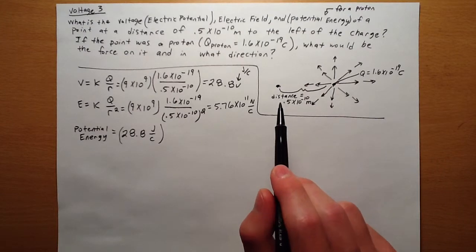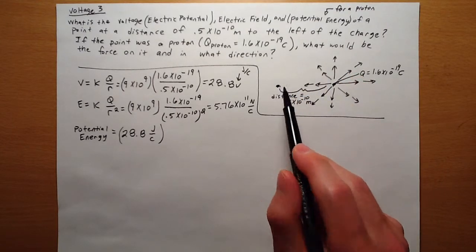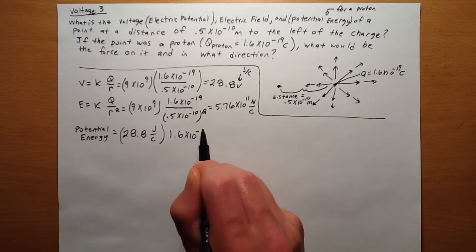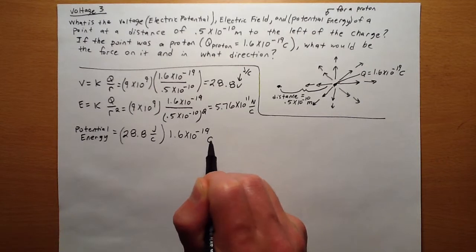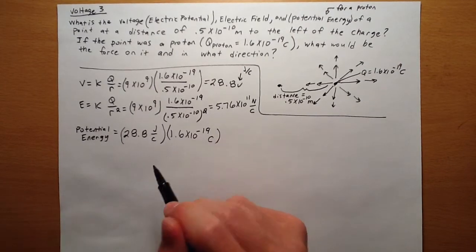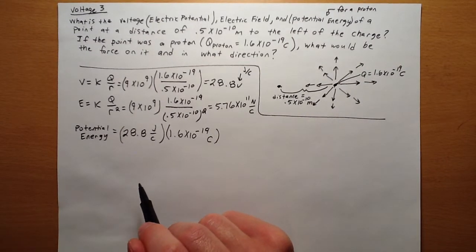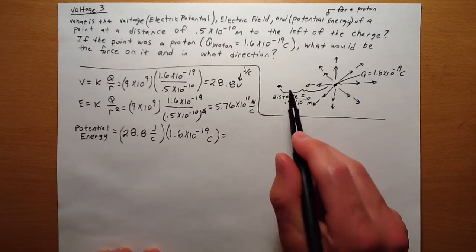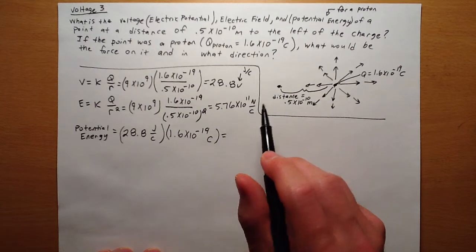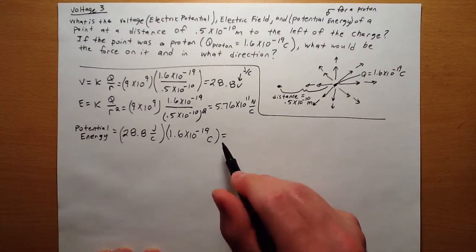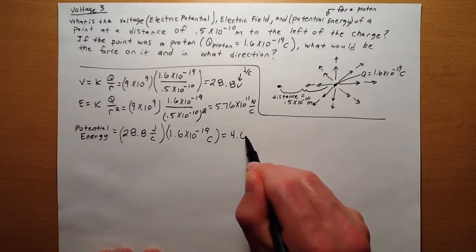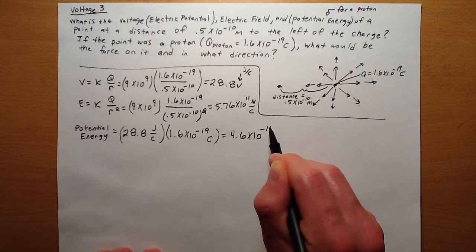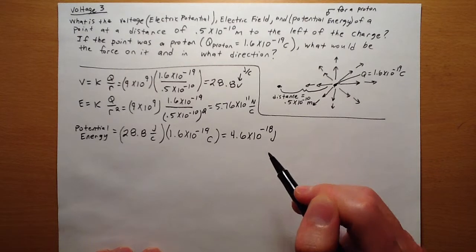And that charge is the charge of the proton of 1.6 times 10 to the negative 19 coulombs. We solve this out, and we get an answer for the potential energy of a proton of 4.6 times 10 to the negative 18 joules.